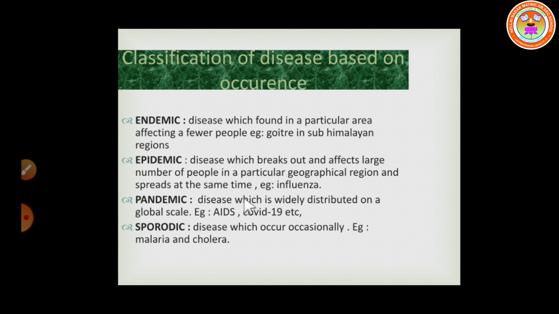Occurrence is how they spread. So they are endemic, epidemic, pandemic and sporadic. COVID-19 comes under pandemic occurrence, as it occurs worldwide, distributed on a global scale.